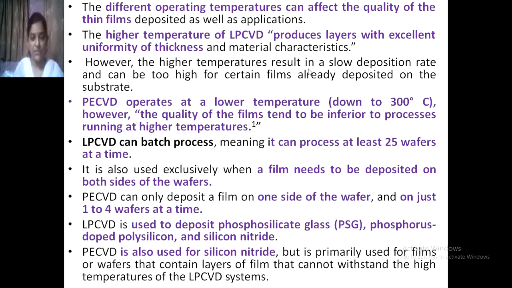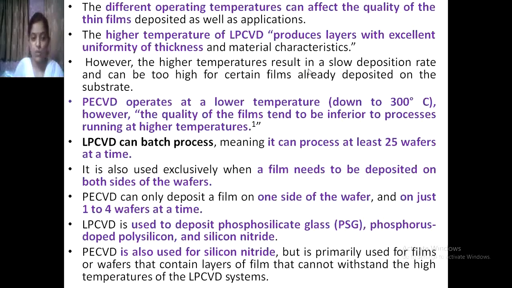LPCVD can batch process, meaning it can process at least 25 wafers at a time, while PECVD handles just 1 to 4 wafers at a time.